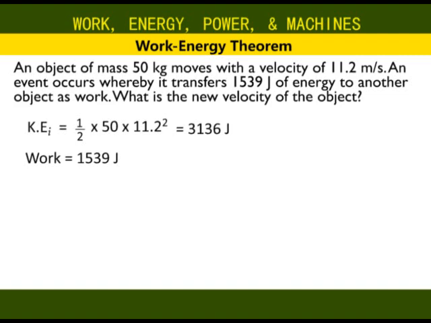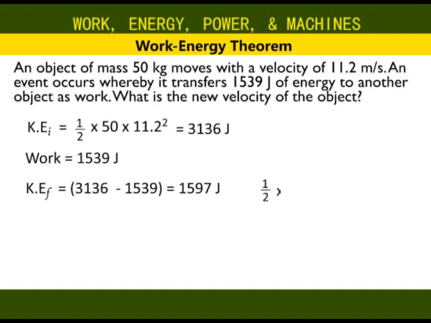This is the energy lost by the object. So the final energy will be 3,136 joules minus 1,539 joules. That gives us 1,597 joules. We now apply the formula for kinetic energy to find v. A half mv squared will be equal to 1,597.